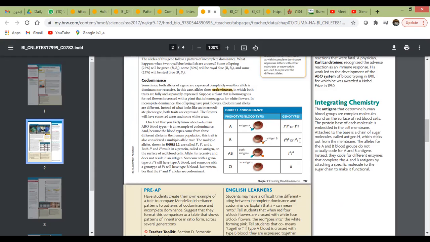Each one of us will have 2 of these alleles. The AB blood group will have 2 alleles, A and B, and this person will show the 2 alleles. When we do a blood test, they will have antigen A and antigen B. So codominance we can also see in a blood group phenotype. Okay, any question till now?